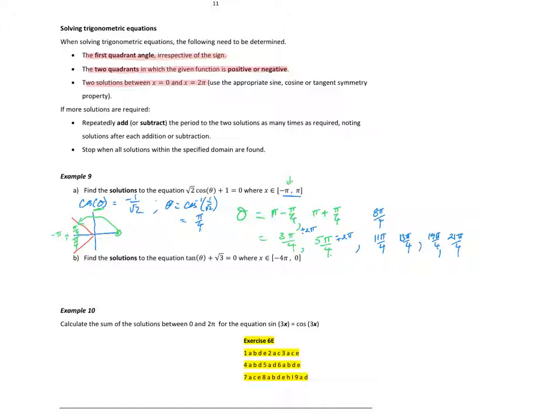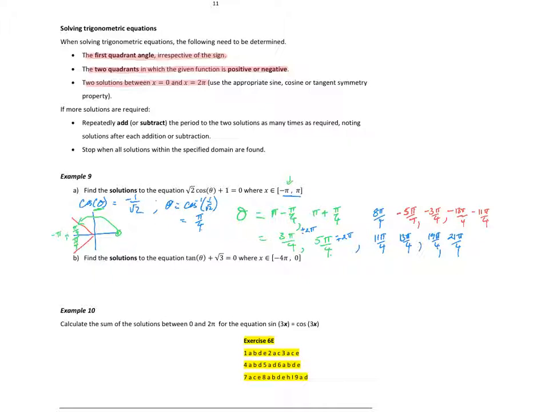If I want to get the negative ones, I subtract 8 pi on 4. So I would also get 3 pi minus 8, which is negative 5 pi on 4, 5 pi minus 8, which is negative 3 pi on 4, subtract 8 again, negative 13 pi on 4, subtract 8, negative 11 pi on 4. So I could keep doing that.